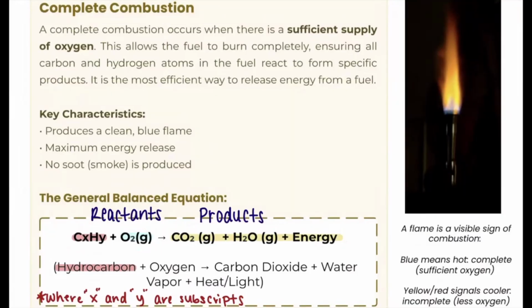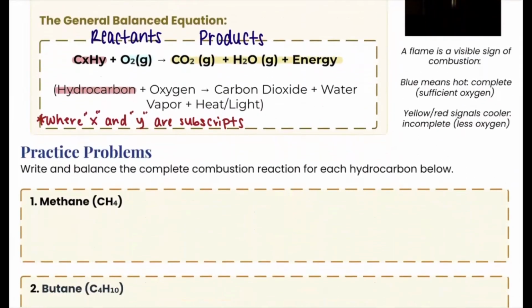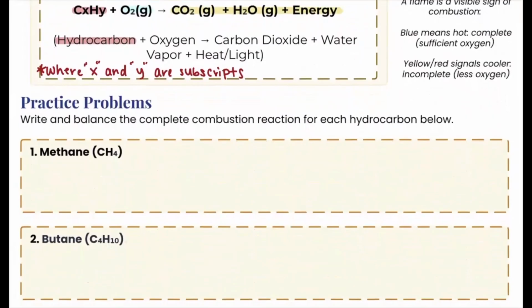The only thing that changes from problem to problem is the specific hydrocarbon and the coefficients needed to balance the equation once you predict the products, which again will always be CO2 and H2O. So the overall pattern stays the same every time. So with that in mind, let's go ahead and work through our first combustion example together.